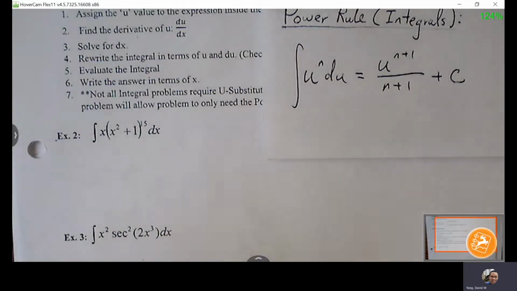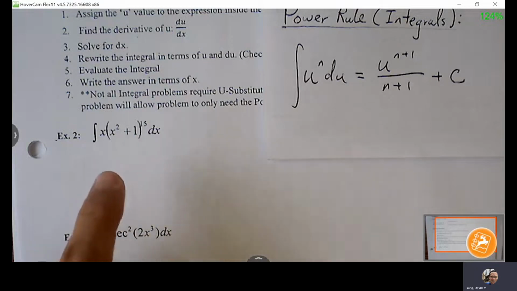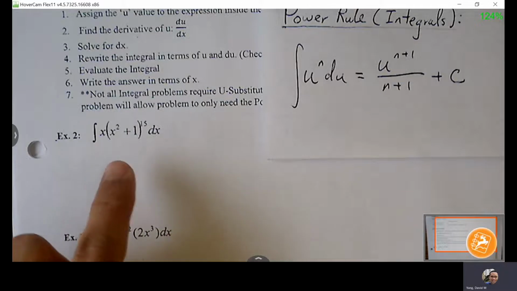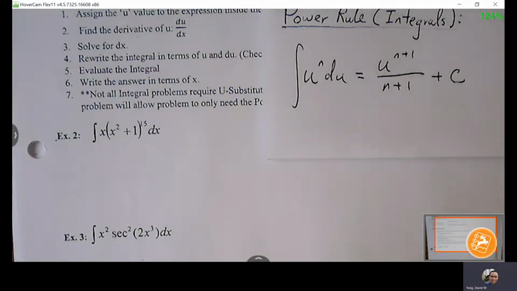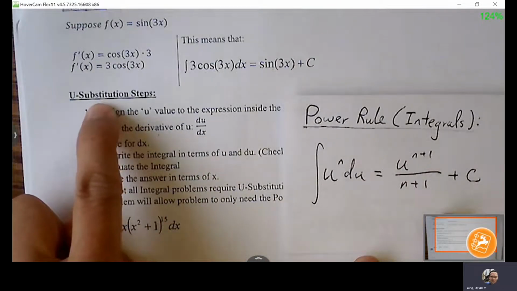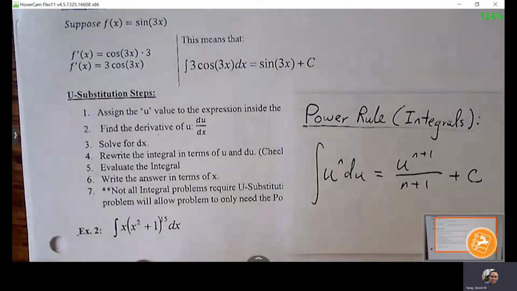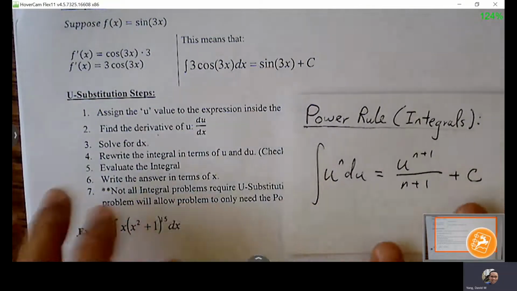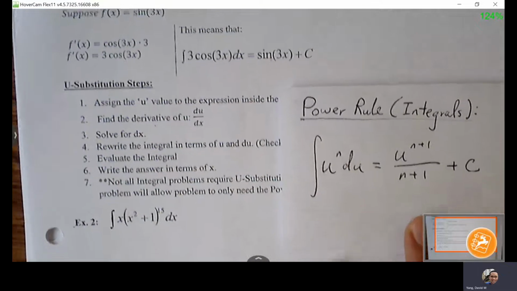But we should be able to quickly tell by looking at the problem whether power rule and expansion is an option. If it's not, whether it's too complicated or it can't be done, then we move on to our second option, and our second option is U-substitution. U-substitution is reserved for more complex problems that power rule or expansion through power rule is not going to be able to solve.